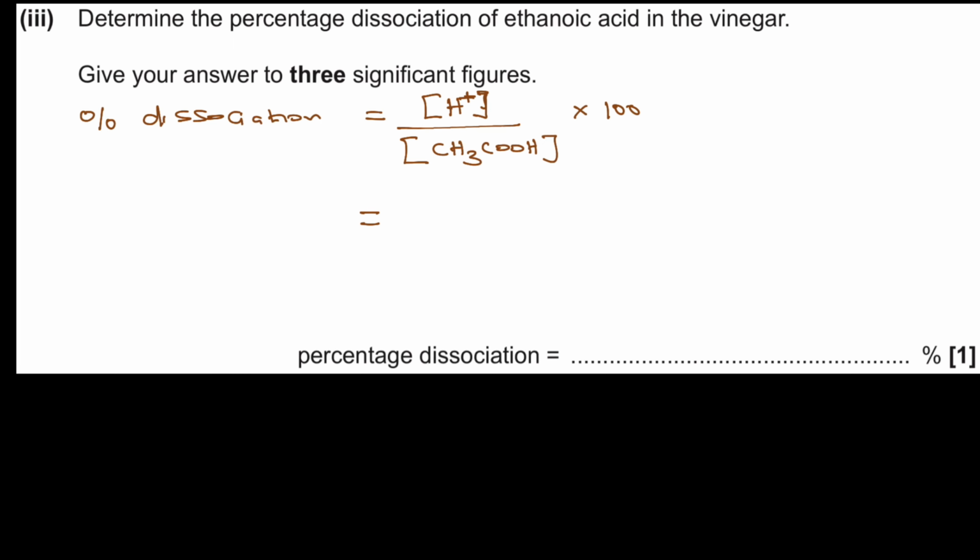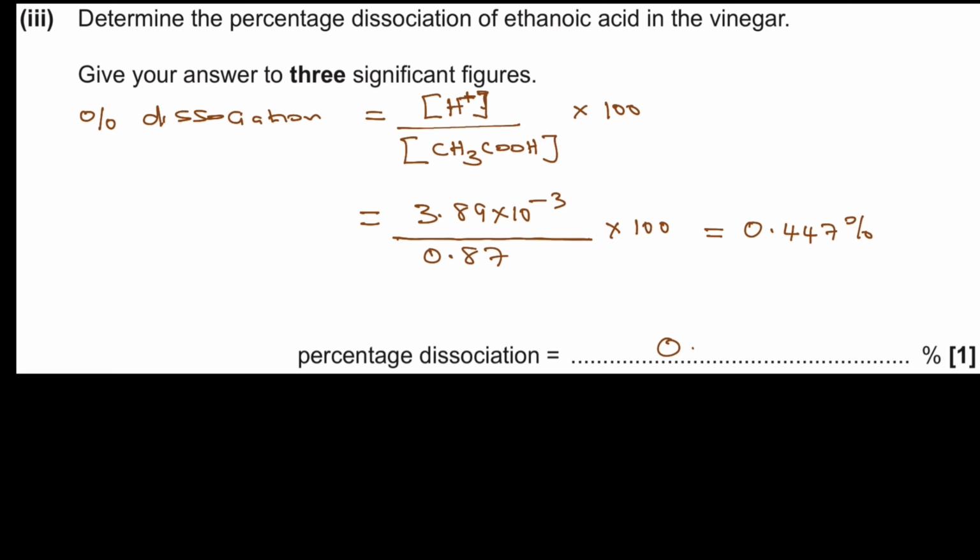We know the concentration of H+ is 3.89 × 10^-3, divided by the concentration of the acid, which is 0.87, times 100, and that equals 0.447%. Right, 0.447% to 3 significant figures. 1, 2, 3. The 0 point is not a significant figure, so 1, 2, 3 is 3 significant figures.